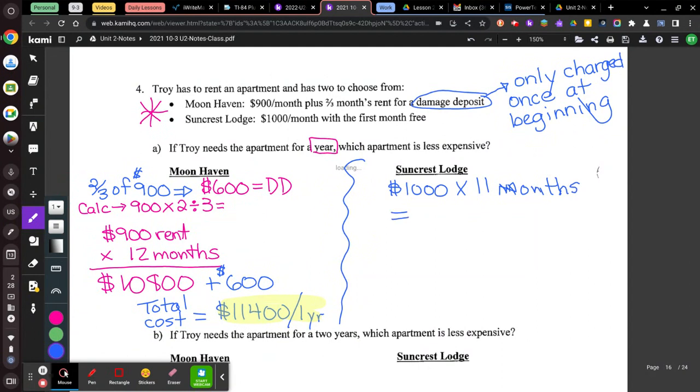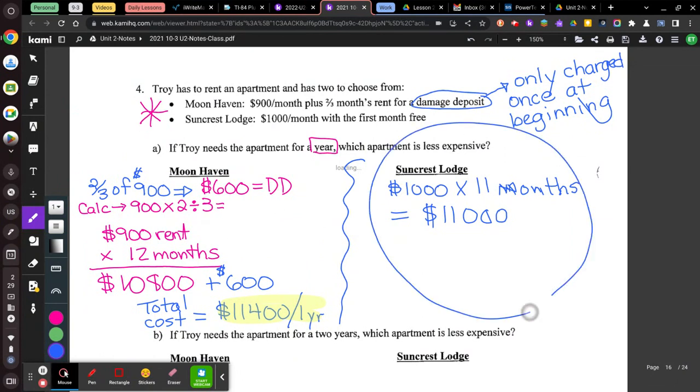That's going to give us a grand total of $11,000. Exactly. So, in this case, who is cheaper for 1 year? Suncrest Lodge is cheaper for 1 year.